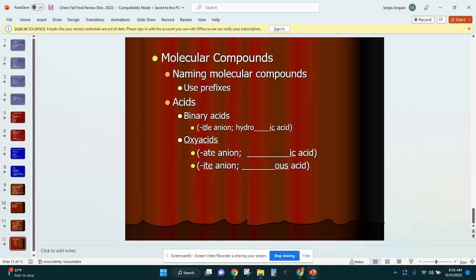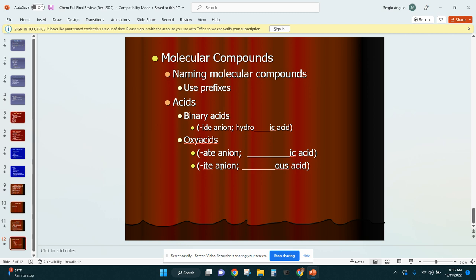When the anion ends in "ide," you drop the "ide" and you stick the stem in between hydro and ic, and you call it a hydro-whatever-ic acid. Hydrochloric acid, hydrobromic acid, hydrosulfuric acid, hydrophosphoric acid. When you have an oxyacid, the acid's anion will end in ATE or ITE.